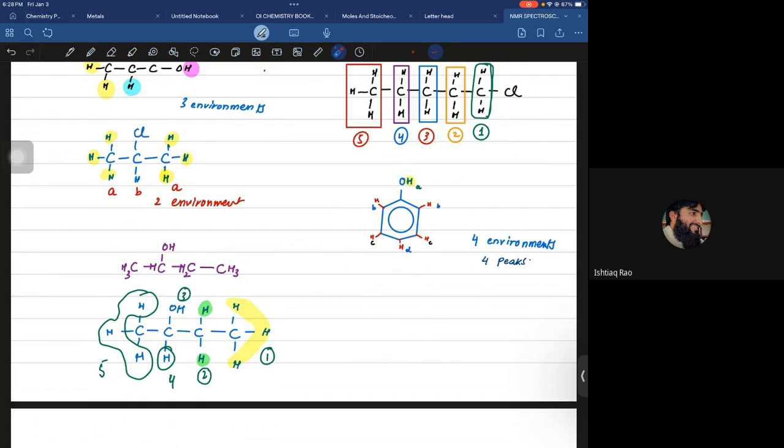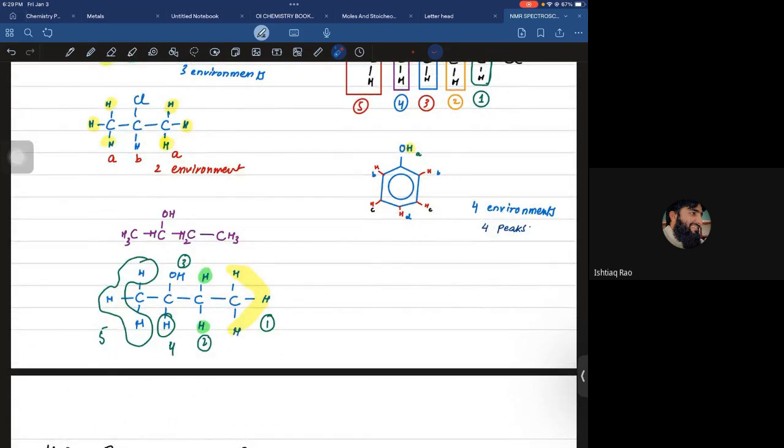If there is no symmetry, you have to consider each and every proton. If there is symmetry, then you can see what's happening in that compound. But if there is no symmetry, then you have to consider each and every proton. Remember, okay?